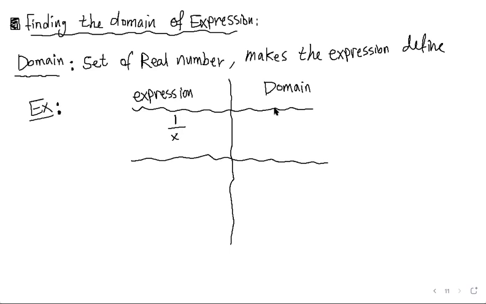This means the domain here is all the numbers except 0. In math, I can write x such that x not equal to 0, meaning all real numbers except 0.